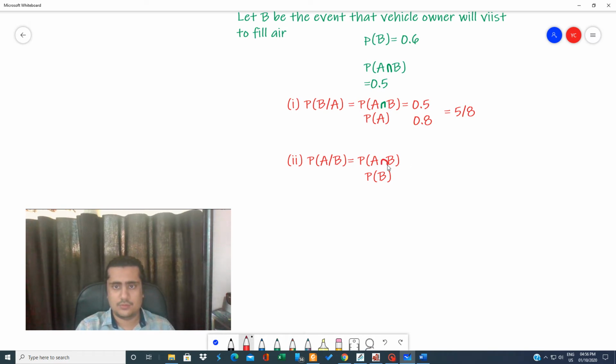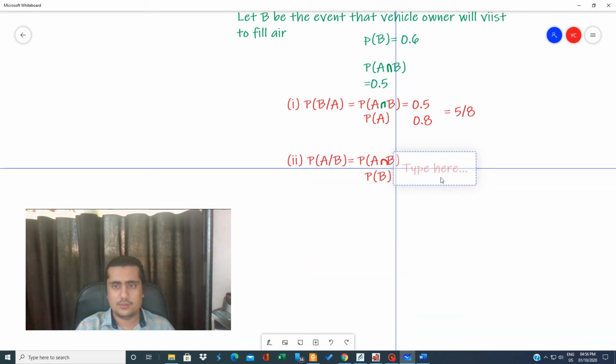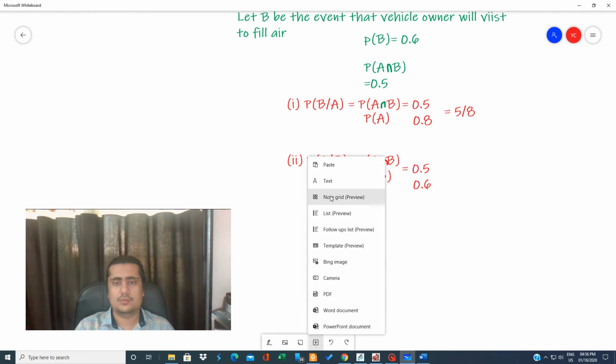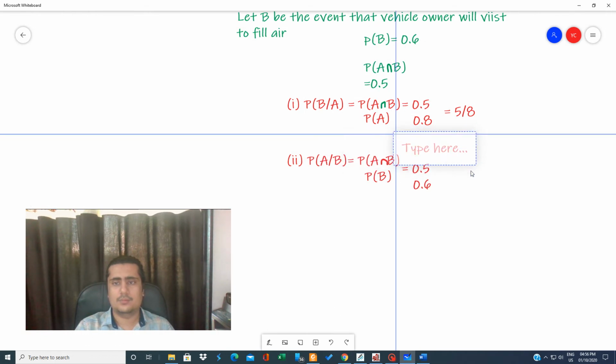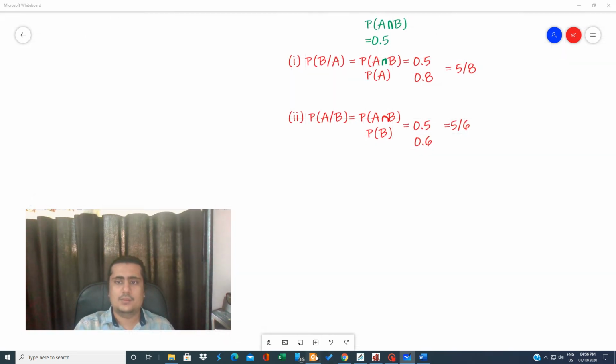Now this intersection is 0.5 upon 0.6. This is 5 by 6. Five by 6.